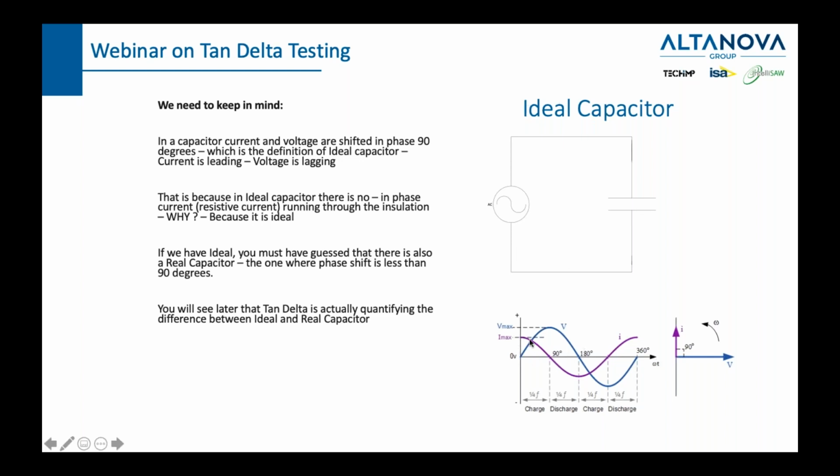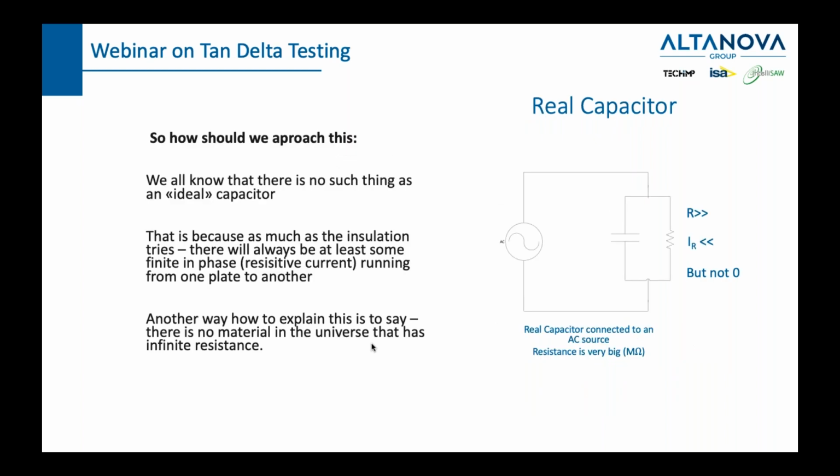So we can see here the current, we can see here the voltage, and we can see here the phasors, how they are related. And we will see later that tan delta is actually quantifying the difference between an ideal and a real capacitor. So the real capacitor is this. The real capacitor has a resistance connected in parallel with this capacitor here.